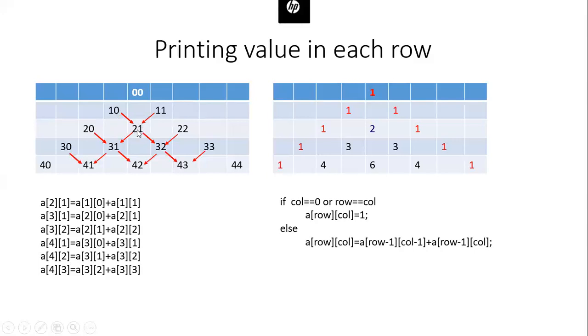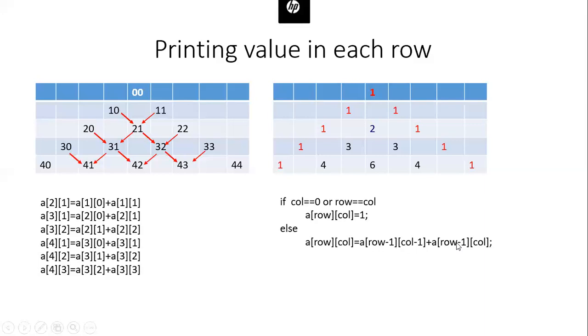And if I want to find the element in column 1, I need to consider elements in column 0 and column 1 in the previous row. That means if I want to find the value of A of 2, 1, I need to add the element A of 1, 0 and A of 1, 1. So what I'm doing here is I am considering 2 elements from the previous row. So if I want to have the value of row, I need to consider A of row minus 1 and here also A of row minus 1.